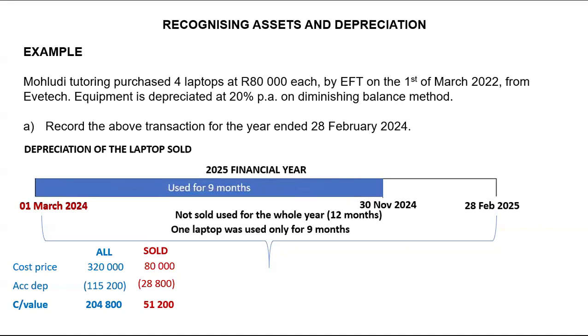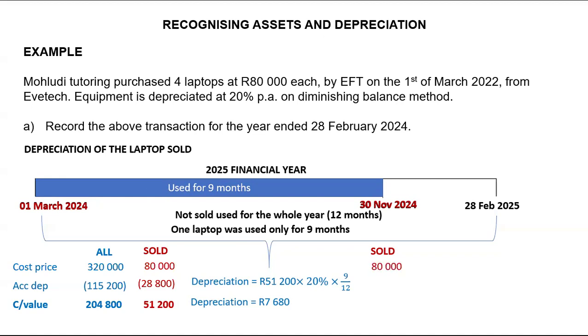So when I depreciate, I'm going to take the 51,200, multiply by 20%, multiply by 9 over 12. So in the current year, depreciation of the sold will be 7,680, which is just for that period when it was sold. So on the day it was sold, which is 13 November, the cost is still the same.